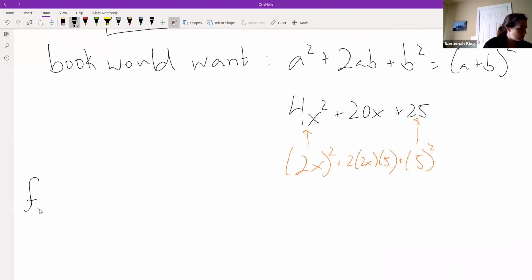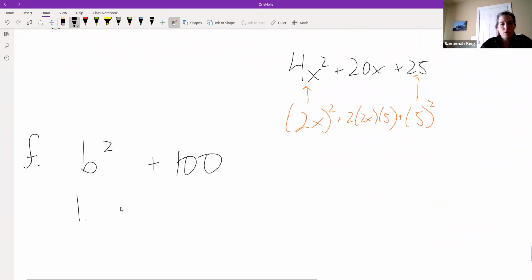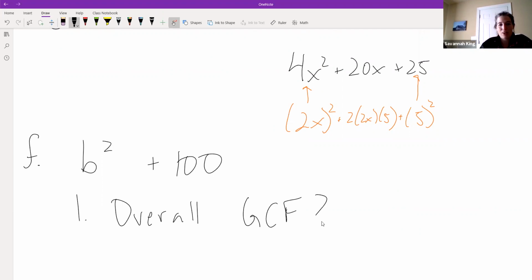And then part F here, one of the best problems ever. I almost don't want to force myself to go through our little routine because I can see where this is going. Overall GCF, nope, except 1.